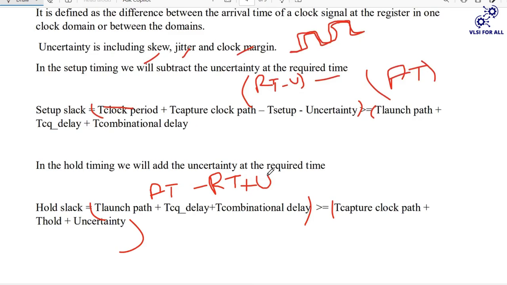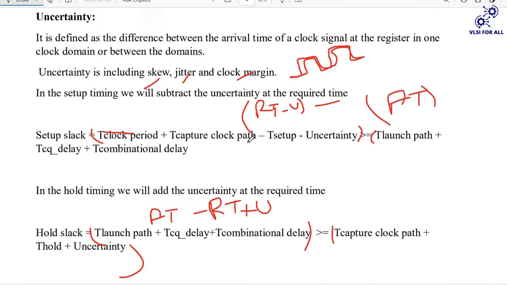In the hold slack, the required time is less, but by giving uncertainty we make the required time more, and then check whether the timing is met or not. For the setup slack, the required time should be greater, but by giving the uncertainty we reduce the required time and check whether the timing is met. So the uncertainty is given for both the setup slack and the hold slack. In the setup slack, we subtract it from the required time. For the hold slack, we add it to the required time. So that is it. Thank you, everyone.